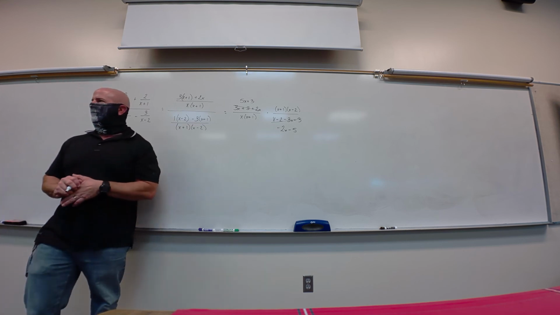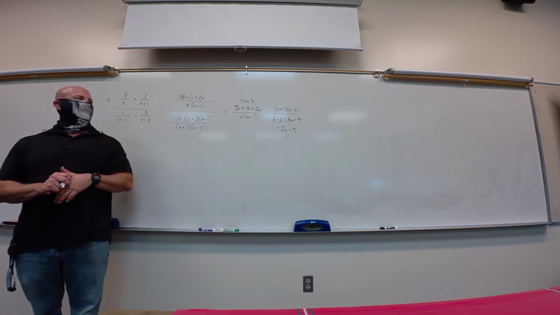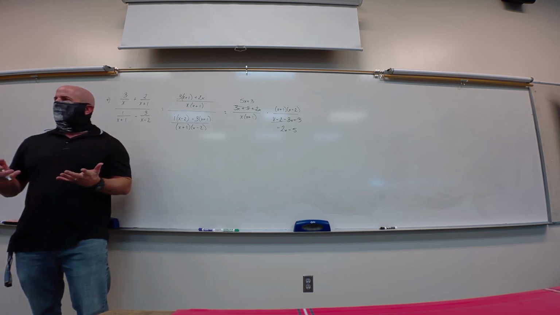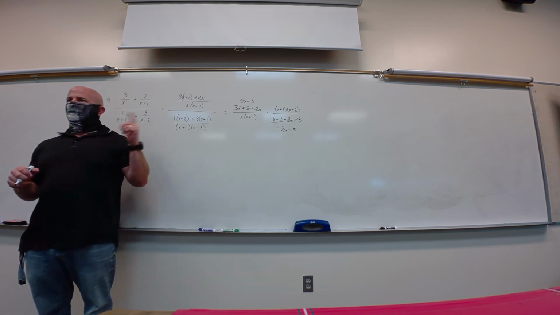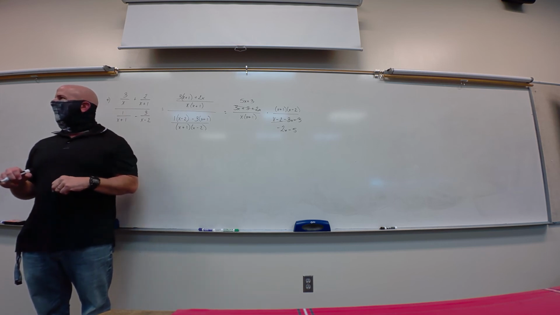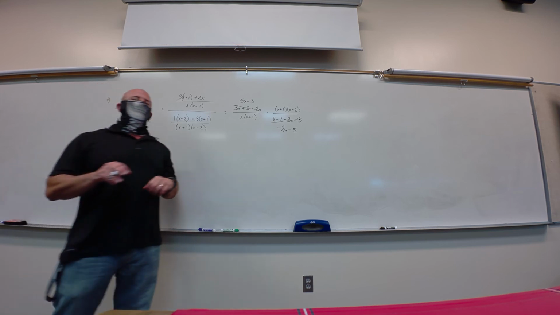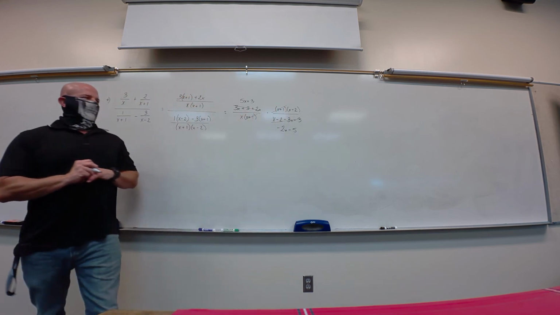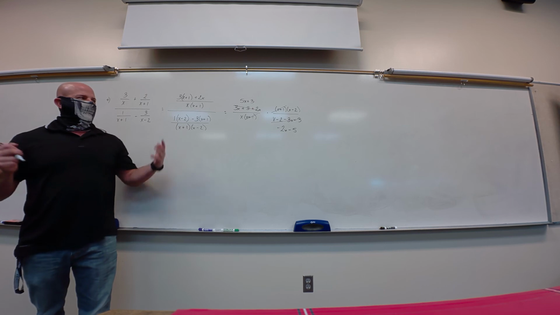And then I'm looking for some things to cancel here. The only thing I see right off the bat that cancels would be the x plus 1. I can see x plus 1 on the top right, 1 on the bottom left. That part I can see. I don't see anything else that really cancels.